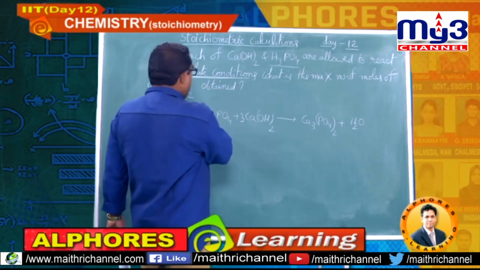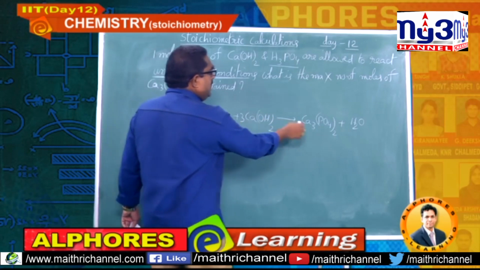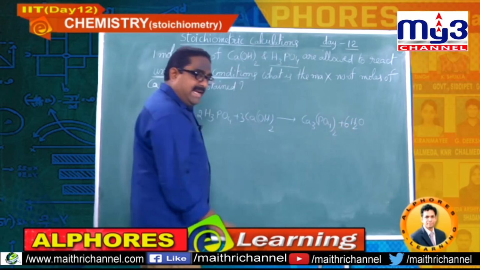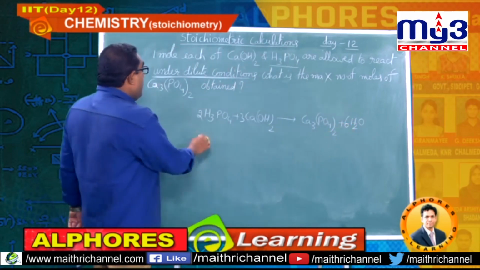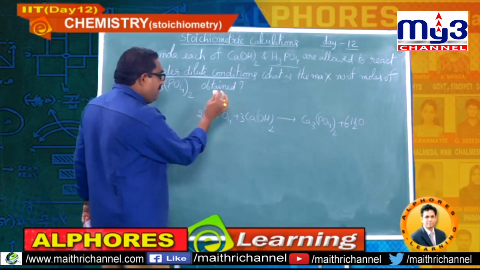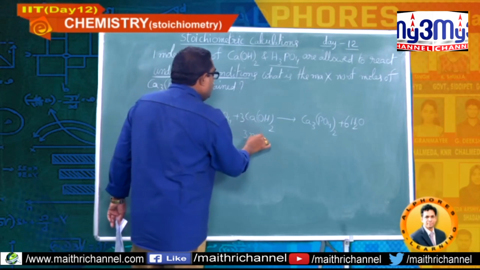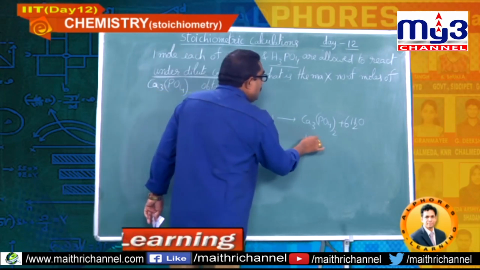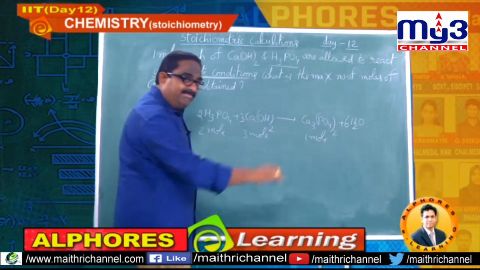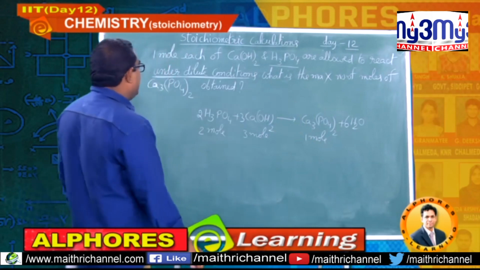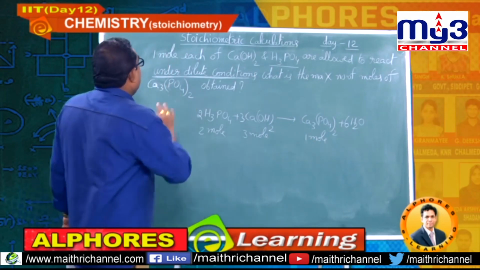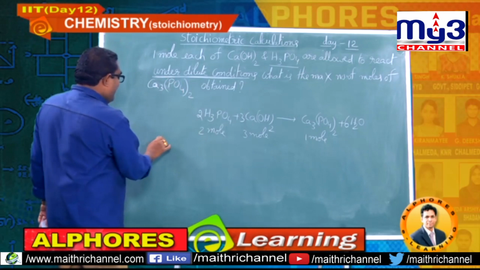So 2 into 3, 6 hydrogens, so 3 into 2, 6 OH, so you will get 6 H2O. Now based on the stoichiometric balanced chemical equation, I can write 2 moles combines with 3 moles and forms only 1 mole.